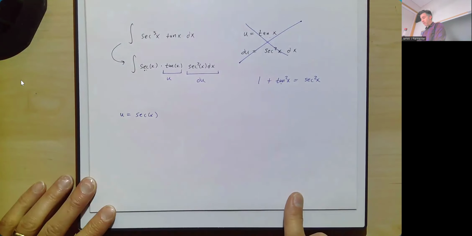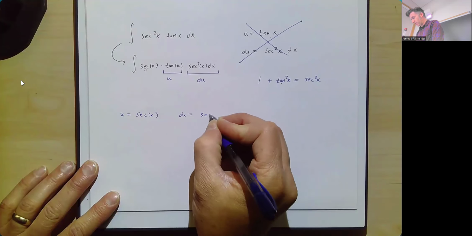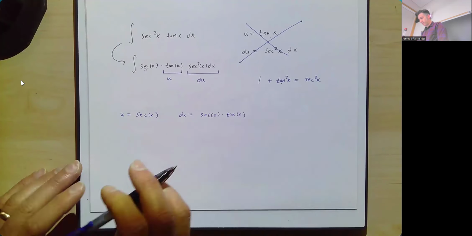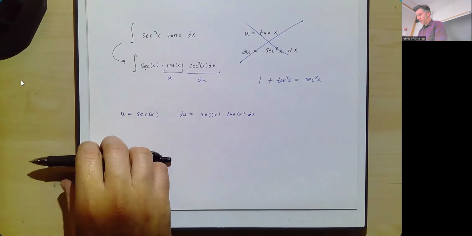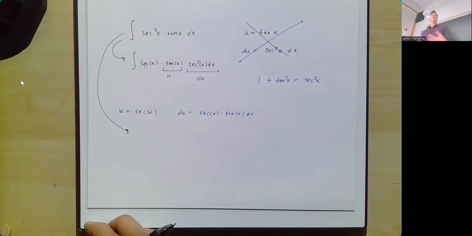If u equals secant of x, then du is the derivative, which is secant of x times tangent of x dx. I really prefer to break off the piece I have.